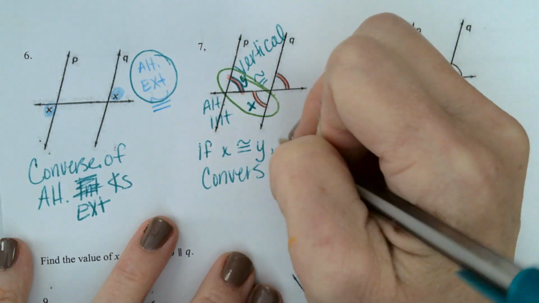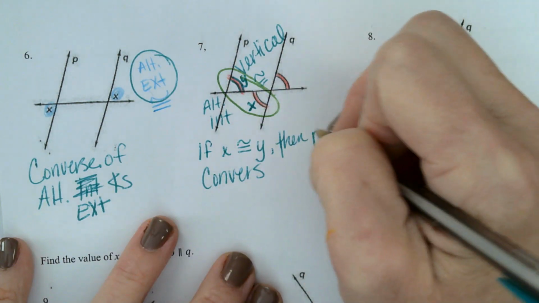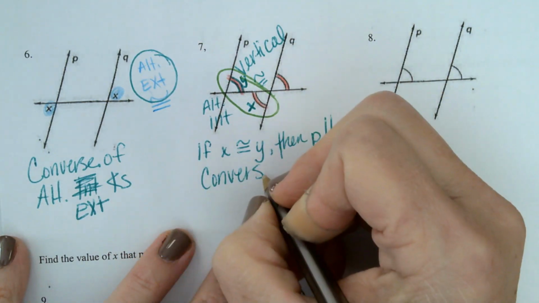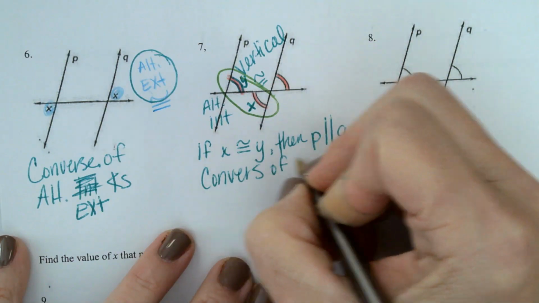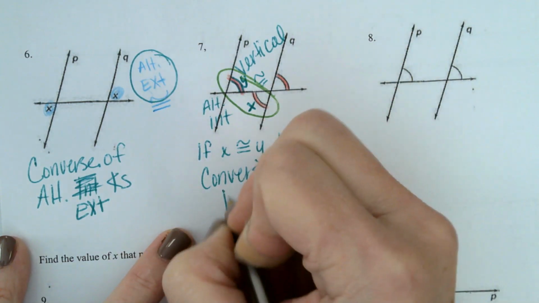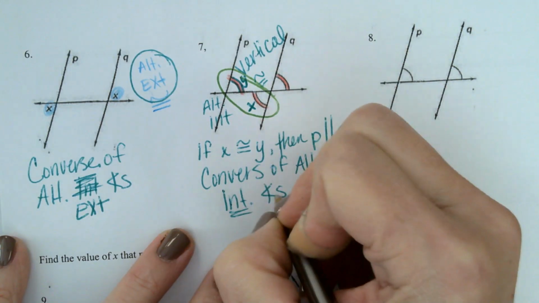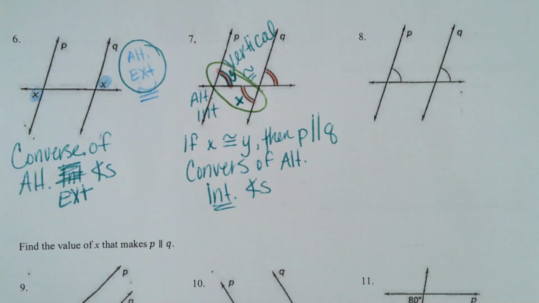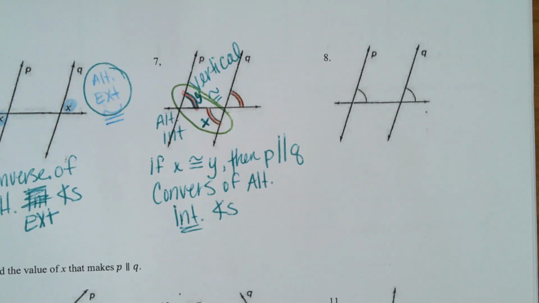You could say, then P is parallel to Q. That would be your statement, and here would be your reason. Converse of alternate interior angles, and those are interior. Do you notice how our answers are not numerical answers? They're not one-word answers. They're sentences and they're phrases. So those are the kind of answers that you're going to have to provide. They're not numerical answers.